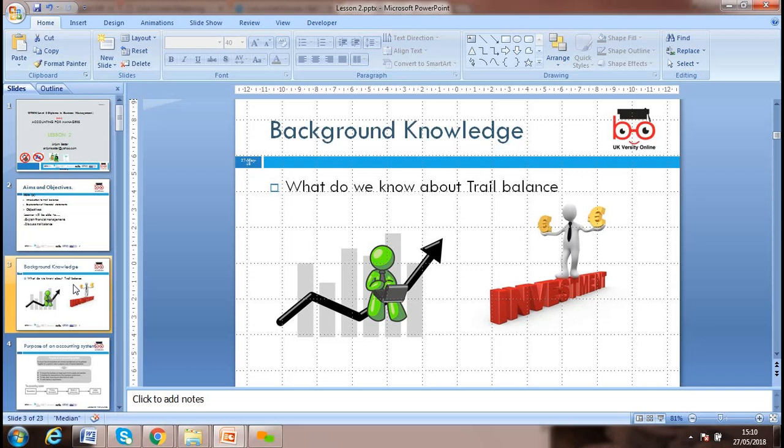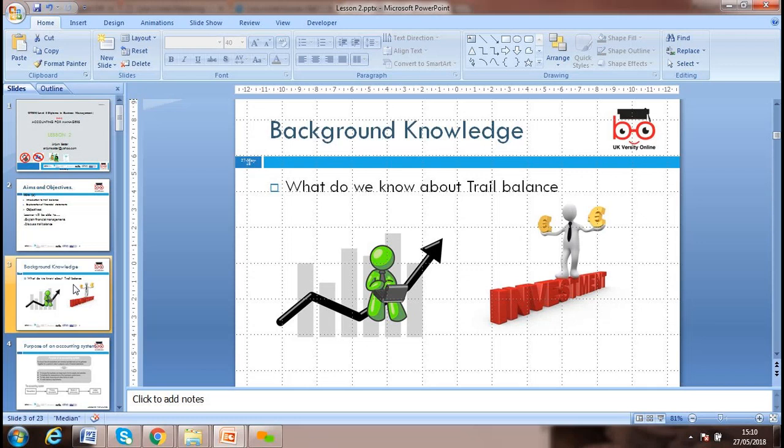Trial balance is the balance of all ledger accounts. Ledger accounts, like the sales day book, how many goods we sold, the balance will be transferred to the trial balance. The purchase day book is a purchase ledger account whose balance will move to the trial balance, and all the ledger balances move to the trial balance.